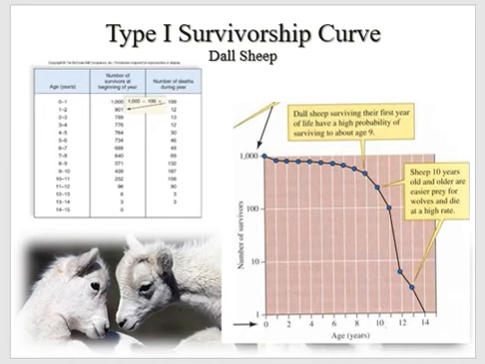So this is looking at the survivorship curve that was generated using the data compiled in the life table for Dall sheep.